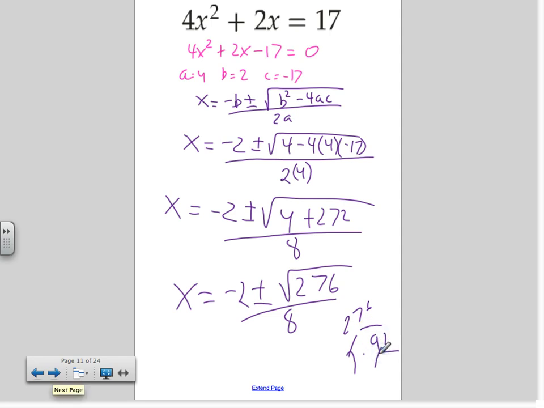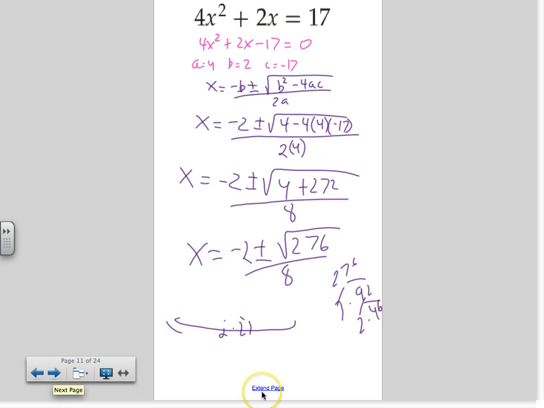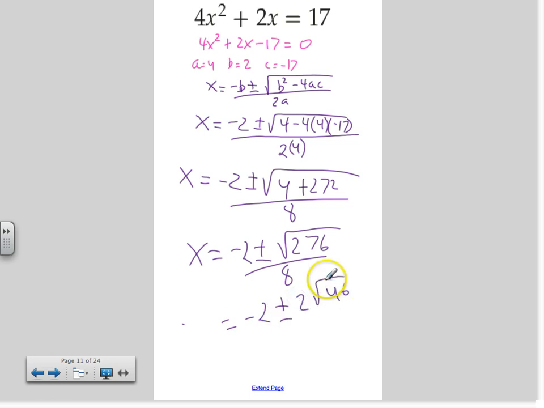And we can break 92 down to 2 times 46, and 46 is 2 times 23. And 23 is prime, can't do anything, but at least we see the pair right there. So we have 2 root 46. Alright, so we have negative 2 plus or minus 2 root 46, everything over 8.